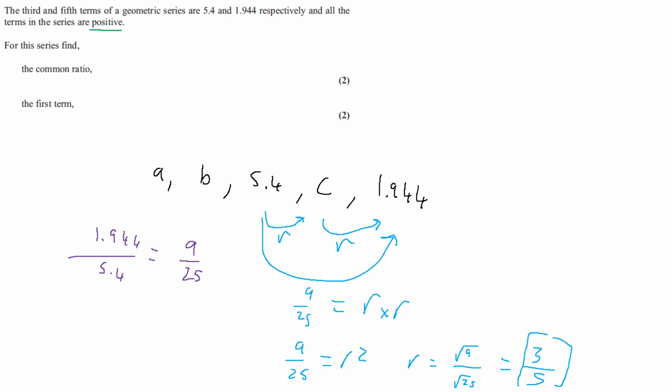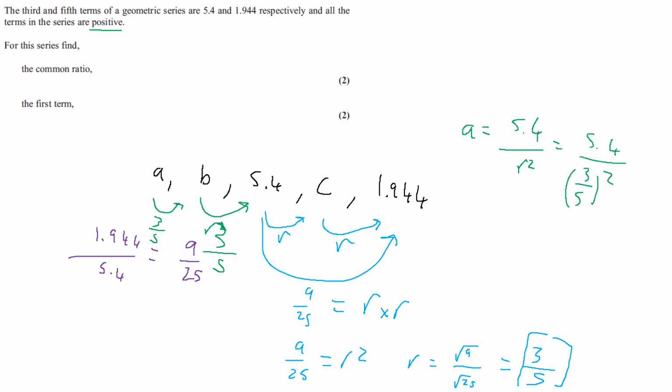So then what is the first value going to be? Well, let's take a look at this 5.4. 5.4, as you can clearly tell, has been multiplied by R twice. Or in this case, we know that it's 3 over 5. So all we're going to do is divide 5.4 by R squared. So what is 5.4 divided by 3 over 5 all squared?